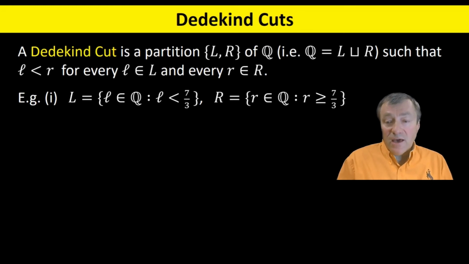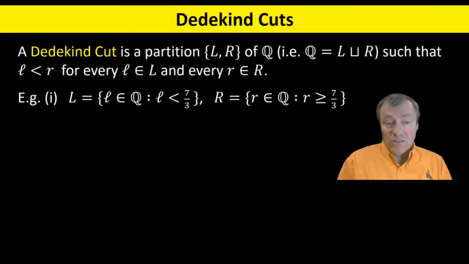Now, a Dedekind cut in the rationals is a partition of the rationals into two parts, I'll call L and R, such that every element of L is less than every element of R. Here's an example of a Dedekind cut.